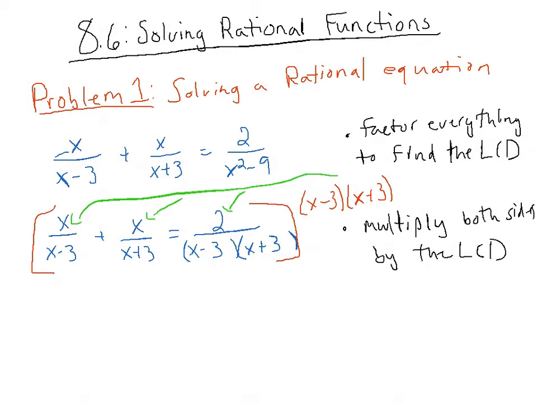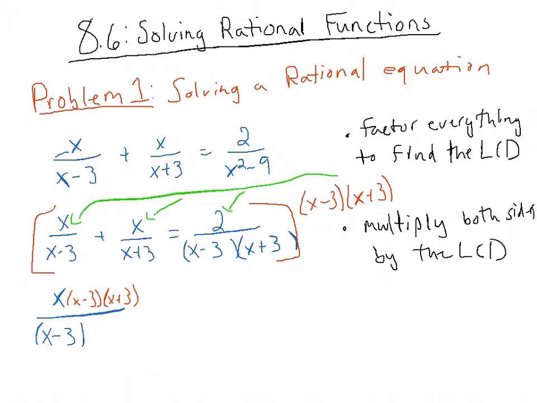So I'm going to have x over x minus 3, but I'm also going to be multiplying that by the x minus 3, x plus 3. And I'm going to have to work to fit this all in.